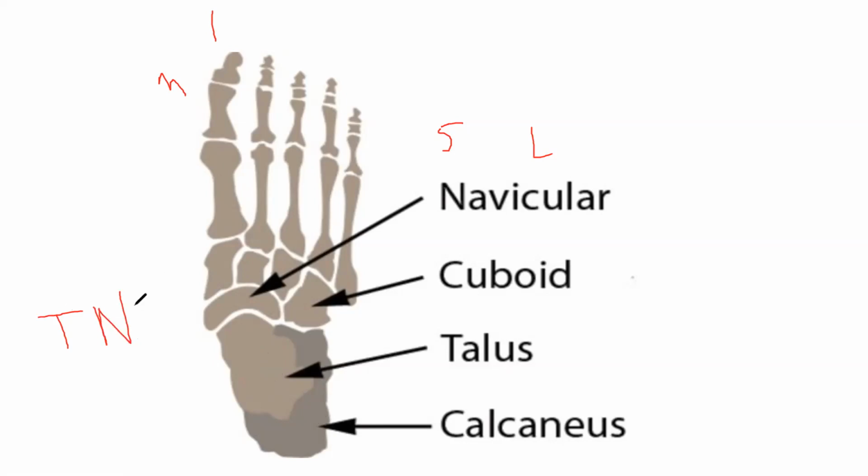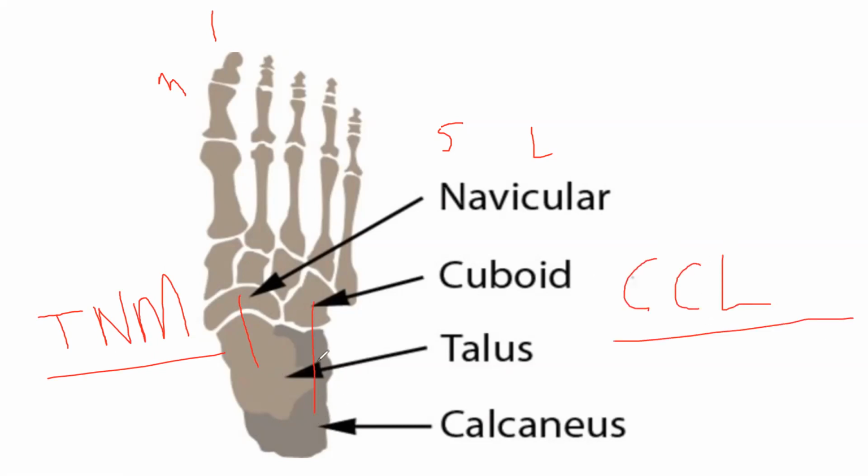So the medial side is the TNM classification. You have the TNM classification in cancer, the same thing you remember. Talonavicular is on the medial side. On the lateral side comes the calcaneocuboid, like CC. These two things you should remember all your life.